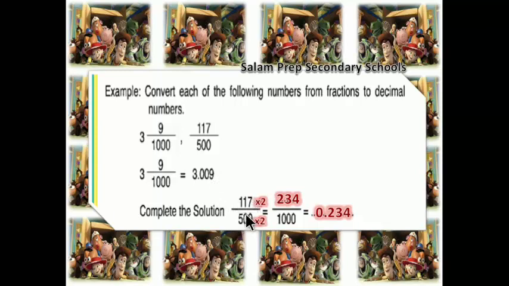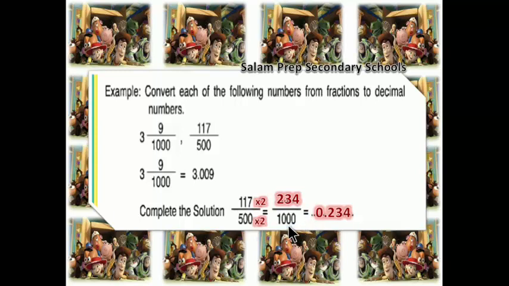117 over 500. We must use times 2, not divided by 5, because 117 is not divisible by 5. 500 times 2 equal 1000. 117 times 2 equal 234.